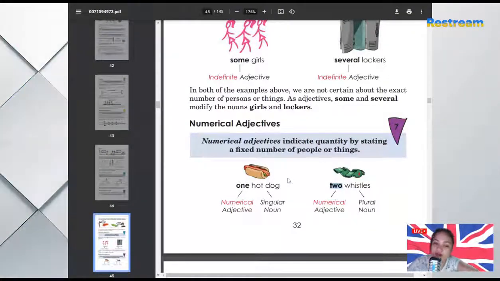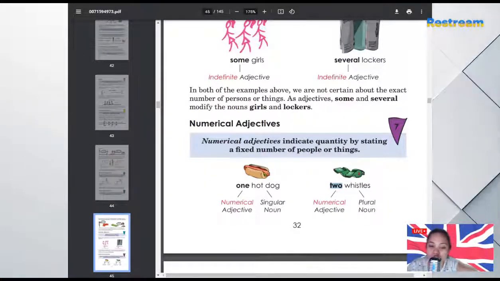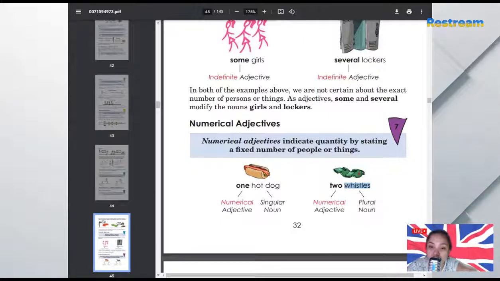So two describes whistles, and whistles is a plural noun, while hot dog is a singular noun. Whistle can sometimes be an action, but yes, we can use it as a noun too.